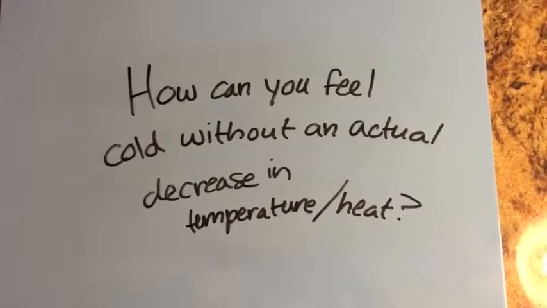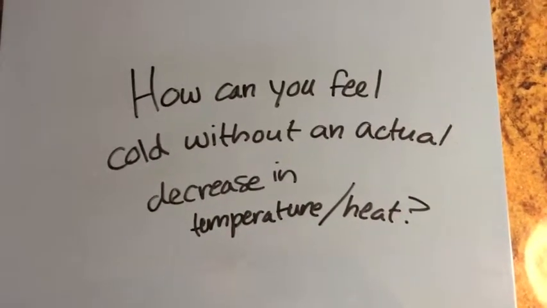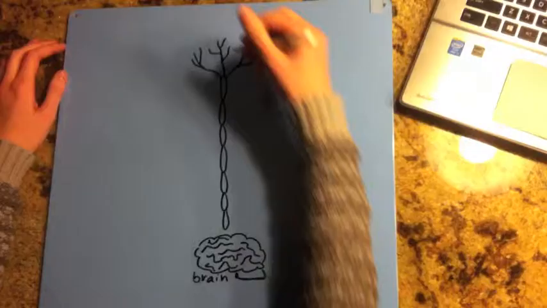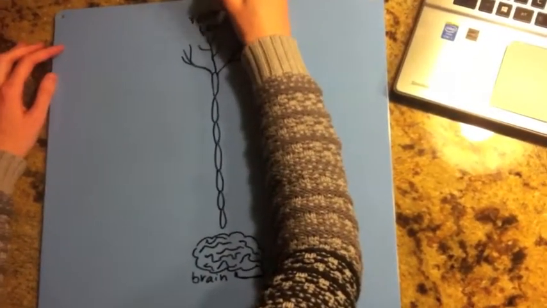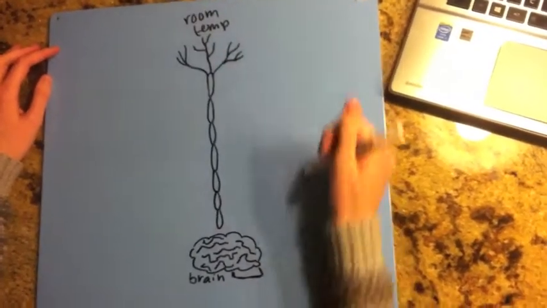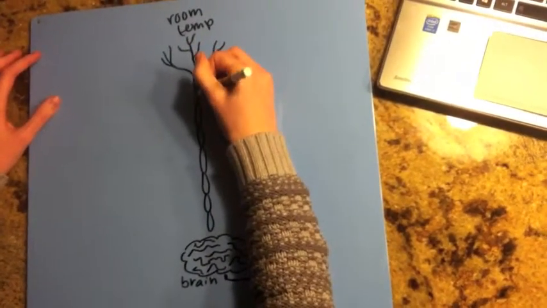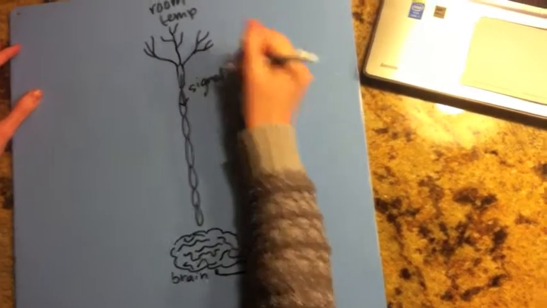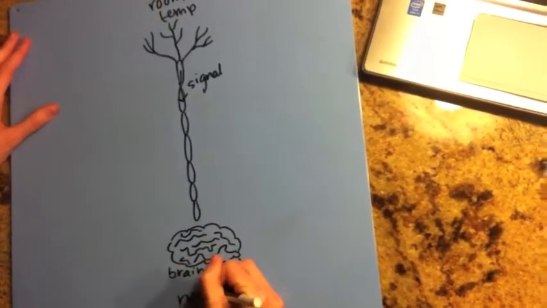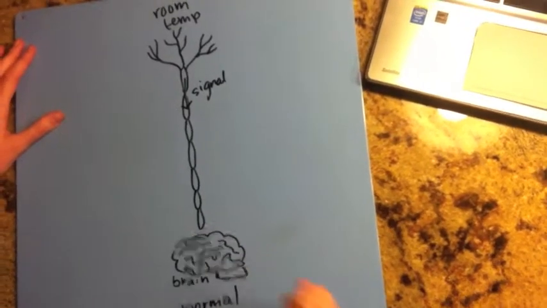How can you feel cold without an actual decrease in temperature or heat? Menthol amplifies the response of these nerve cells to the normal difference between human body temperature and surrounding air. Comfortable room temperature is normally lower than body temperature, and nerves are used to this difference.